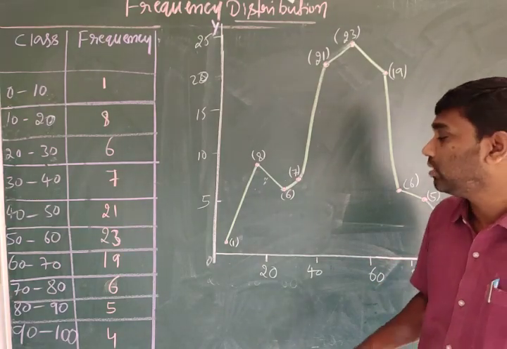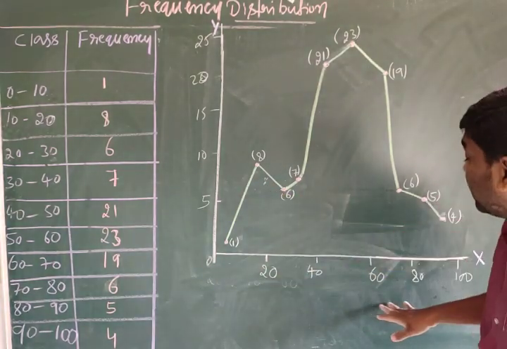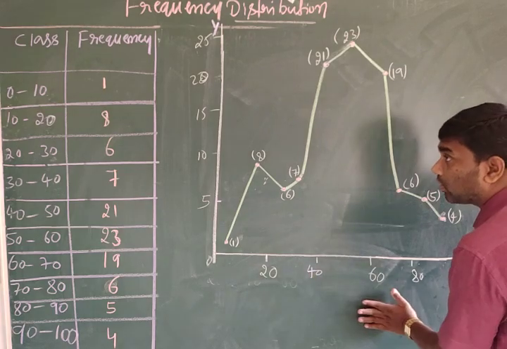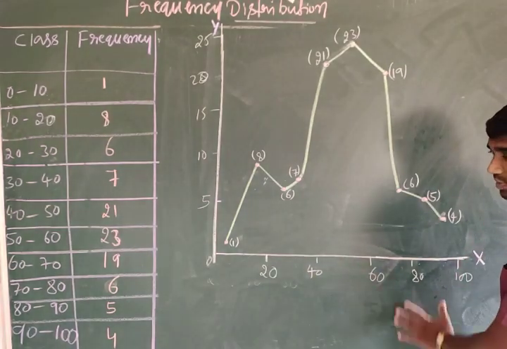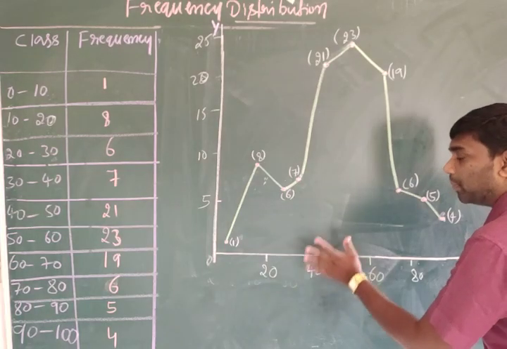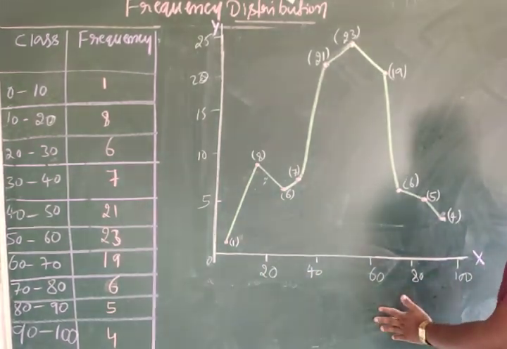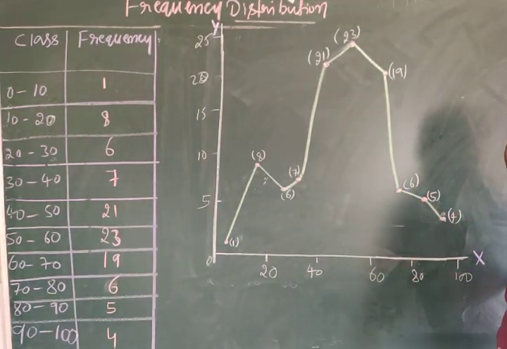These are called classes or class limits. So classes are measured on the OX axis in the graphical representation.